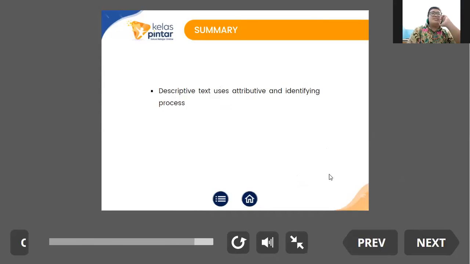And descriptive text uses attributive and identifying process. What is attributive? Do you know what is attributive? Atribut itu apa? Anyone knows? What is attribute?